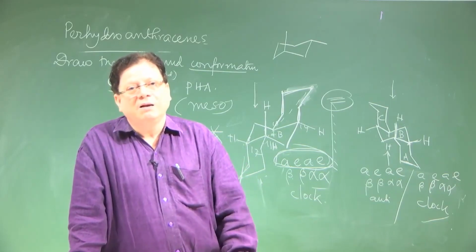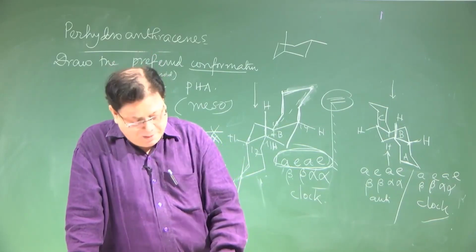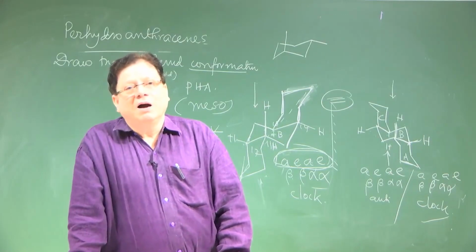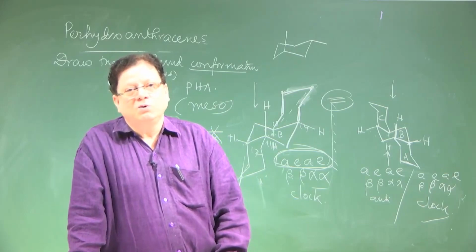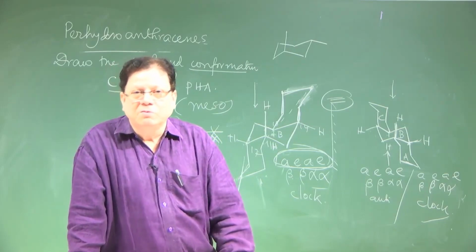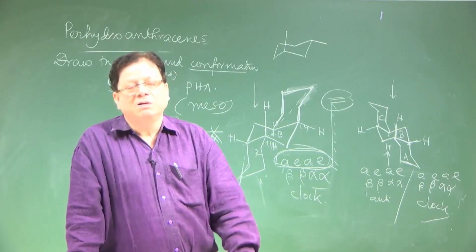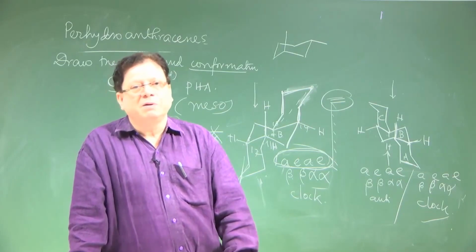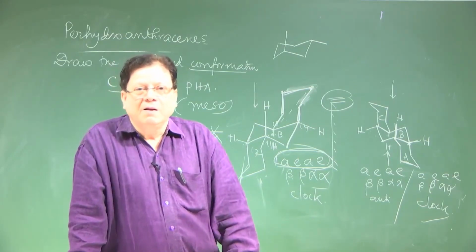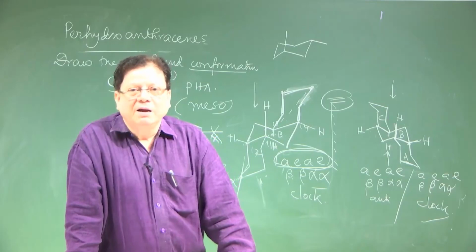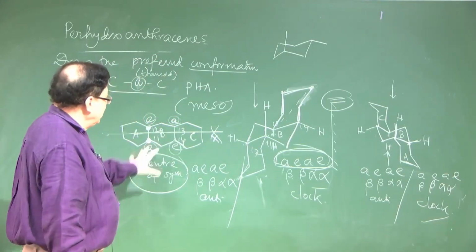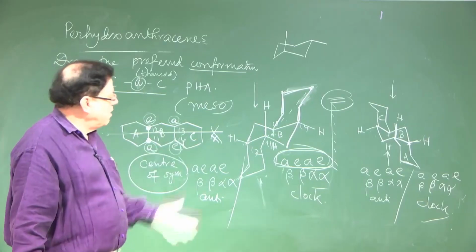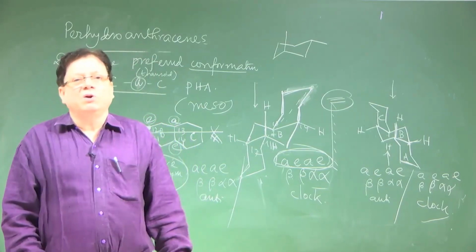So, here 2 DL pairs and then 3 mesoforms. Earlier for perhydrophenanthrene it was 4 DL pairs and 2 mesoforms. Okay. So, the number of mesoforms got increased, the number of isomers got decreased. That will always happen when you have an increase in the number of mesoforms. Okay. And we know how to draw the different conformations of these various stereoisomers.